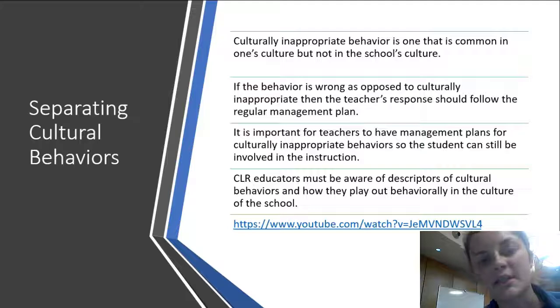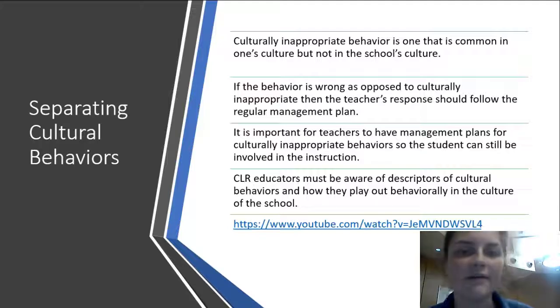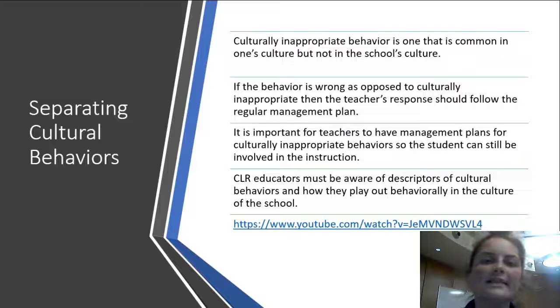Now, to continue on with separating cultural behaviors, culturally inappropriate behavior is one that is common in one's culture, but not in the school culture. So an example of this could be eye contact, where it's inappropriate in some cultures to make direct eye contact with someone the whole time, but in our culture, the teacher expects the students to have their eyes on the teacher at all times.